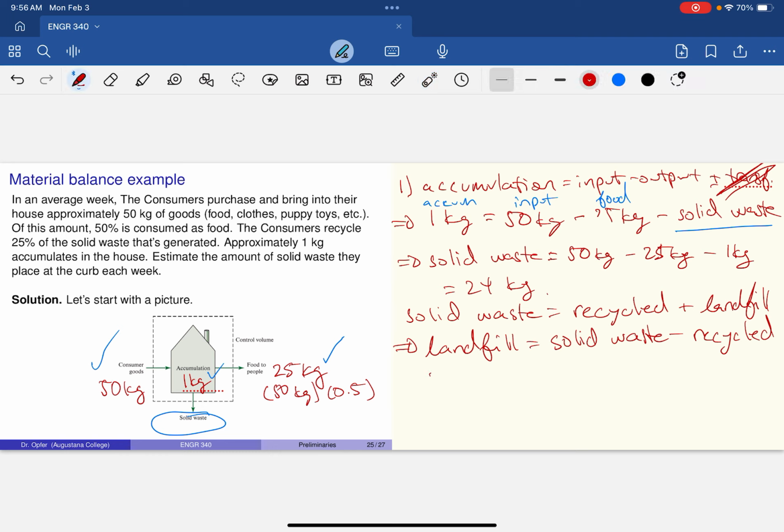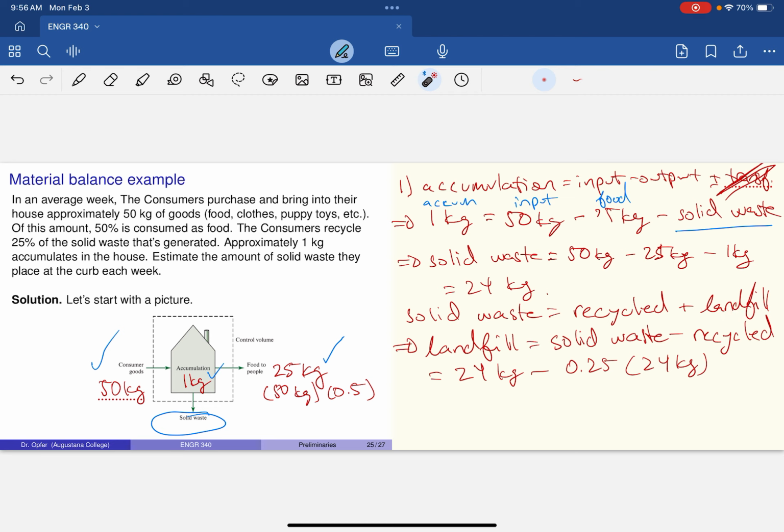Okay, so we know solid waste is 24 kilograms. And we know the amount of that solid waste that's recycled is 25%. So the amount recycled is going to be 0.25 times 24 kilograms. All right, so this is just splitting up the total solid waste into the amount that's recycled plus the amount that goes to the landfill.